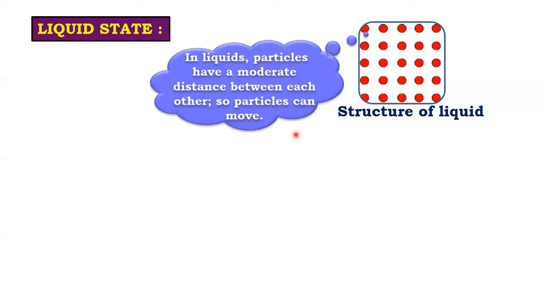Solids के पास empty spaces था ही नहीं, इस वजह से आपका movement बहुत restricted था। बट लिक्विड स्टेट में स्पेसेस ज्यादा है, और because there are comparatively more spaces as compared to solid state, the particles of liquid can move freely as compared to solid.